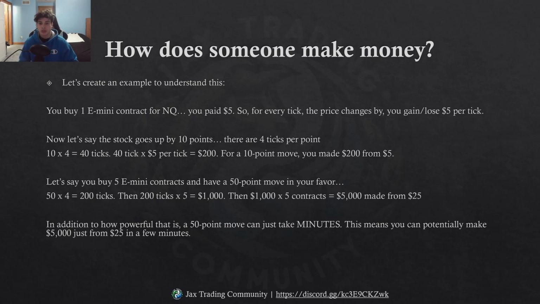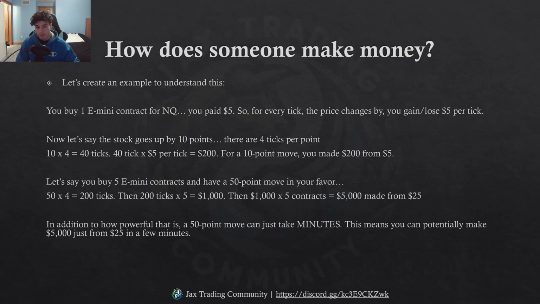Now let's say you want to scale it up a bit and you buy 5 E-mini contracts and you have a 50-point move in your favor. Doing the math here, 50 points times 4 is 200 ticks. For each tick, you gain $5, so 200 ticks times 5 equals $1,000 made. But since you bought 5 contracts, you multiply that by 5.